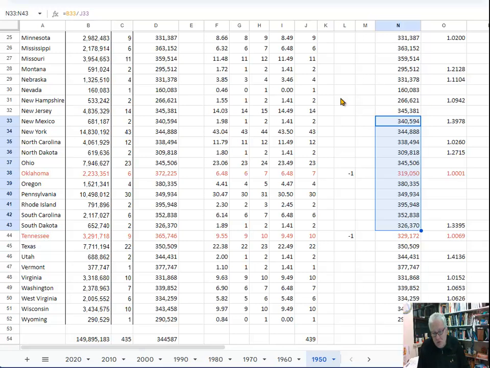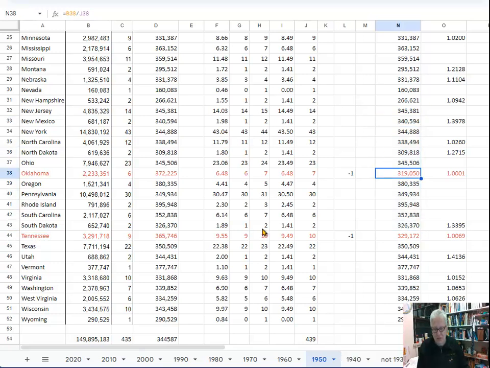And unfortunately, Oklahoma loses out, but that's the way it is. Notice, by the way, that North Dakota is actually smaller. But North Dakota only has 2. Now, if we took 1 away from North Dakota, here's what would happen. They would have 1 representative for all the 619,000 that would be living there, and that really would be unfair to the North Dakotans.